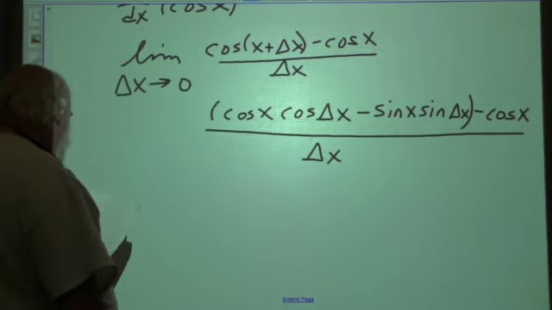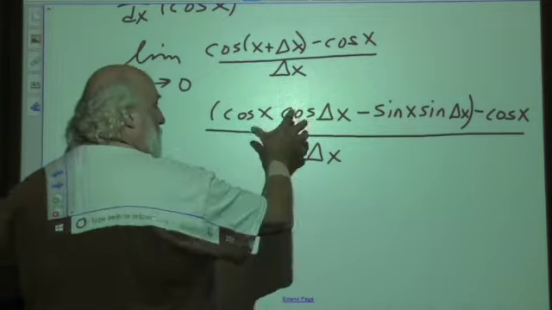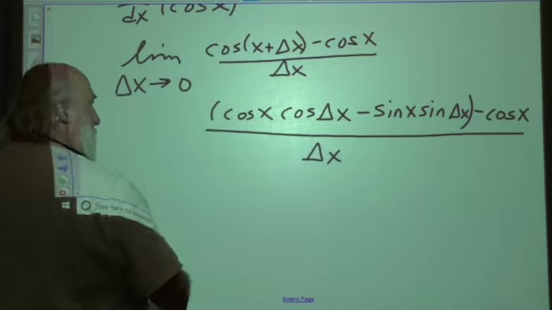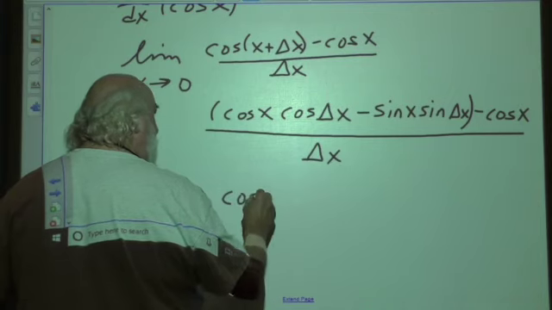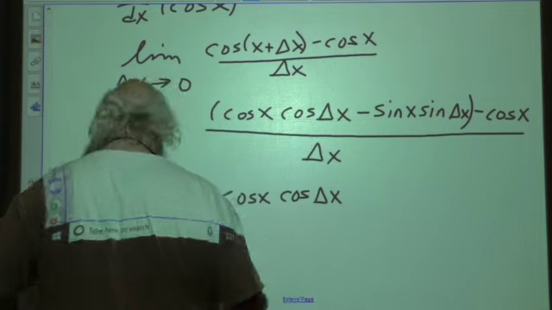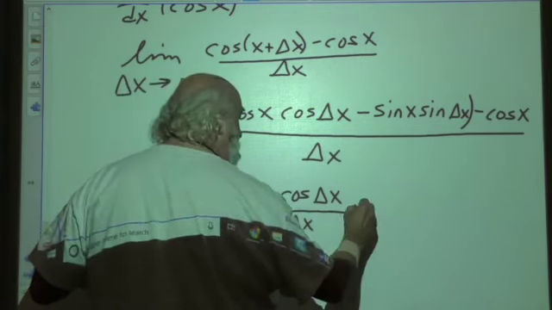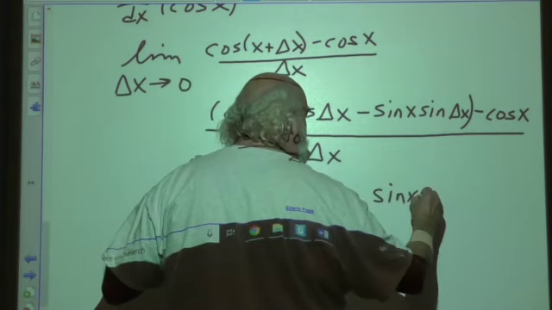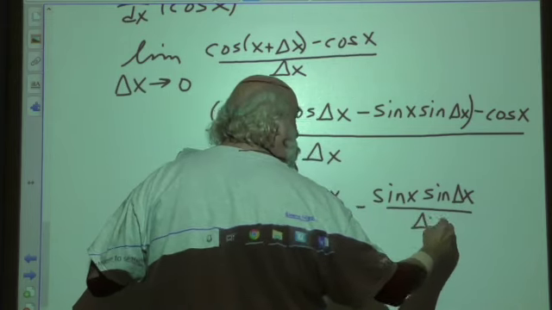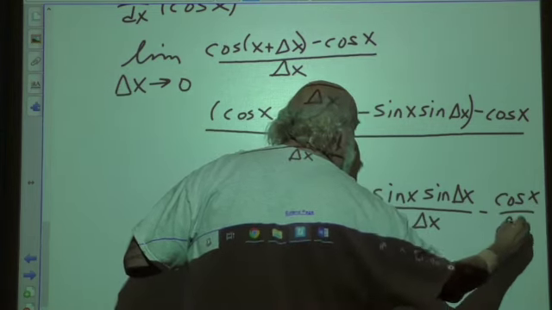All right, so again, we're going to do a little manipulation. This is going to be a little different because now I'm going to divide this into 3 parts, with this delta x being in the denominator of each of those 3 fractions. So this becomes cosine x, cosine delta x over delta x, minus sine x, sine delta x over delta x, minus cosine x over delta x.